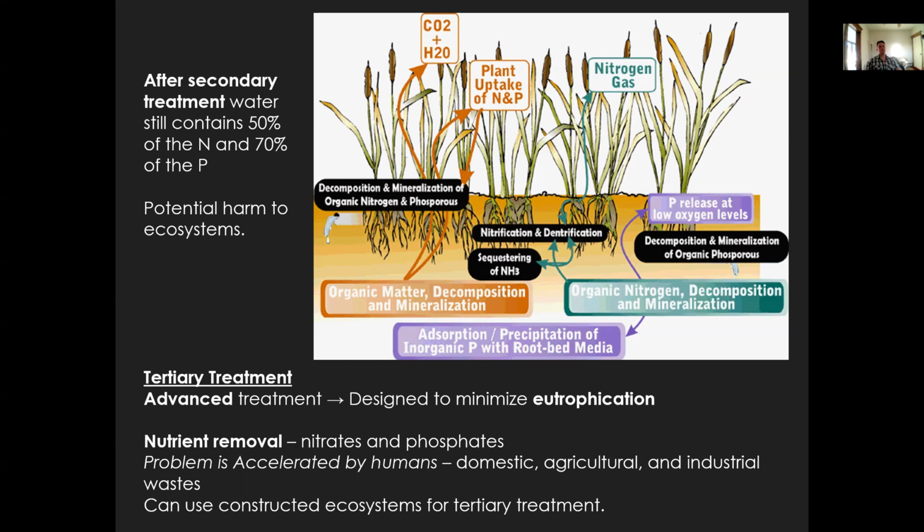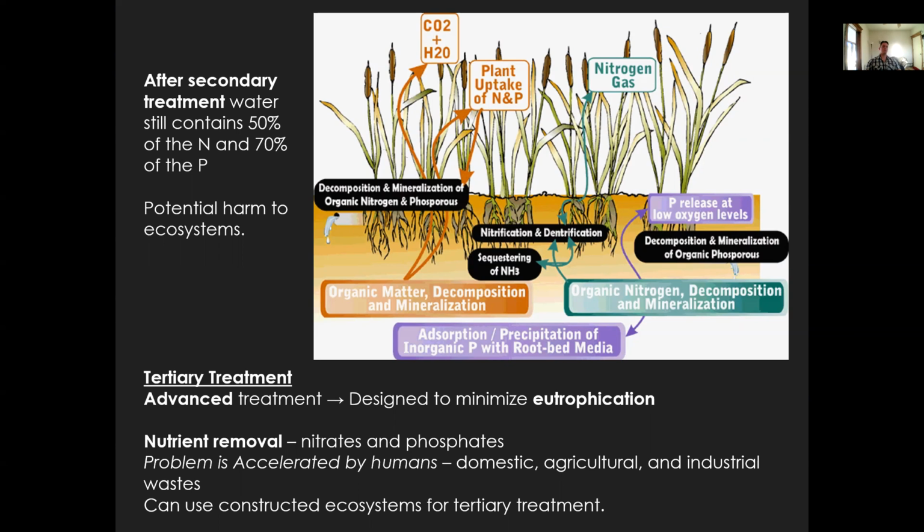So tertiary treatment typically depends more on the physical and chemical treatments. It's not so much biological. And phosphorus is, in this process, precipitated out by combining with chemicals such as lime and alum and ferric chloride. Filters of fine sands and activated charcoal then remove the small particulate matter and the dissolved chemicals.